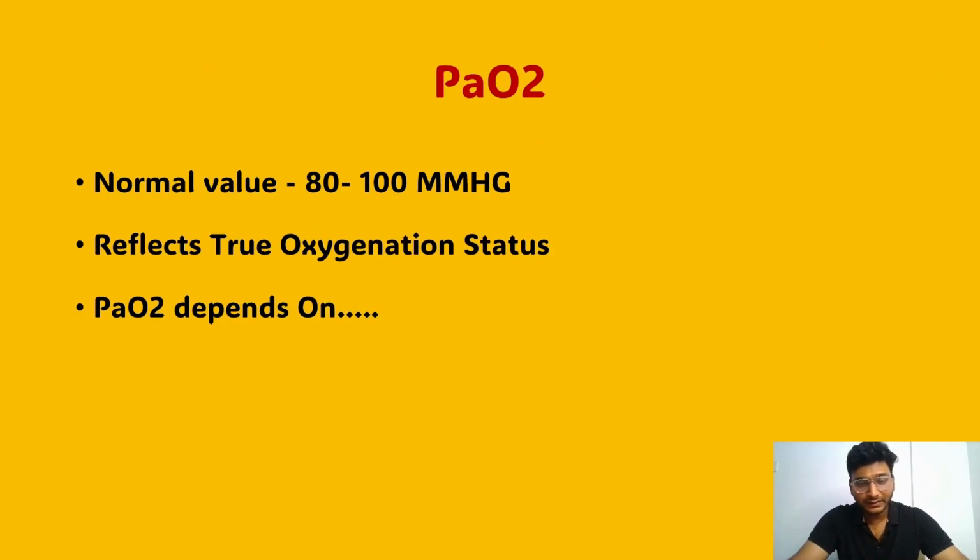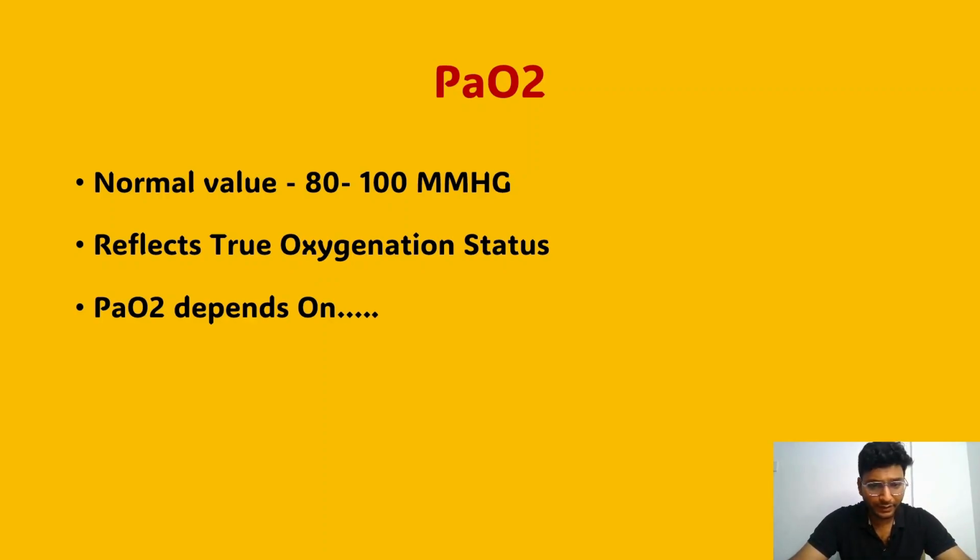As we said, the normal partial pressure in room air is 80 to 100, and it reflects the true oxygenation status. So for a patient with hypoxia, the value you have to look at is the partial pressure of oxygen. The value of partial pressure of oxygen depends upon several things.